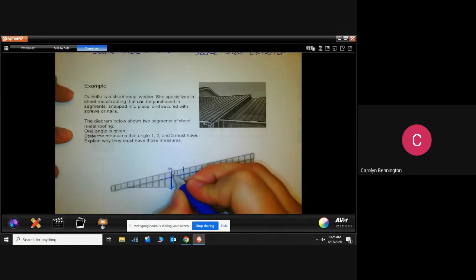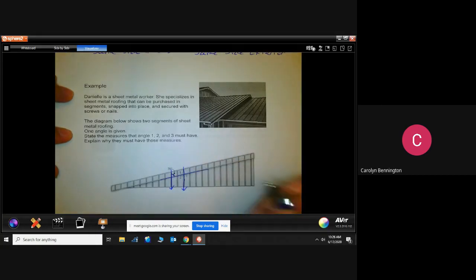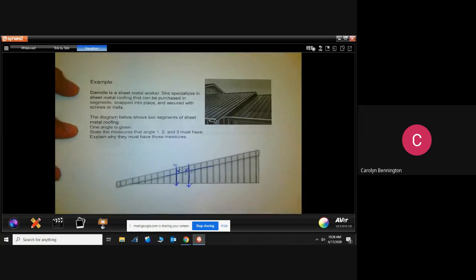So now we have our angle that we know of, 76 degrees, and our angle 1. So if we look at this, these are both interior angles and they're on the same side of the transversal.